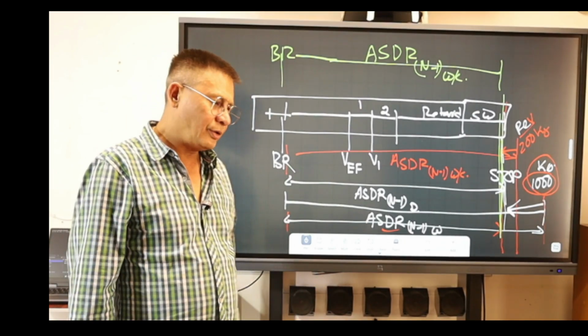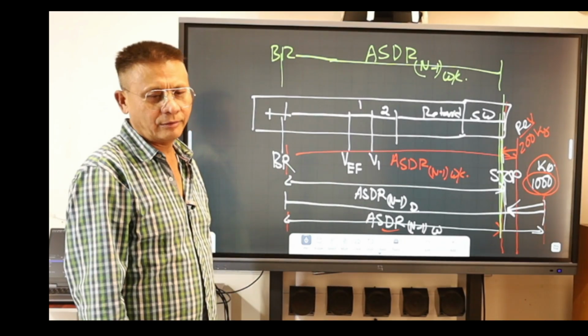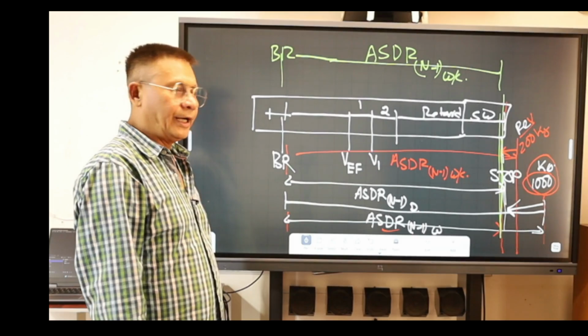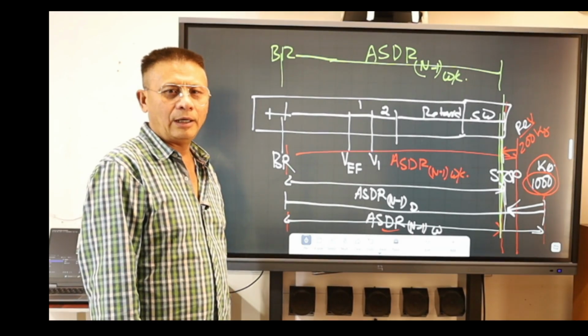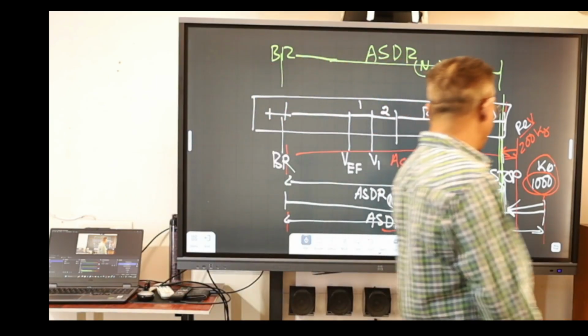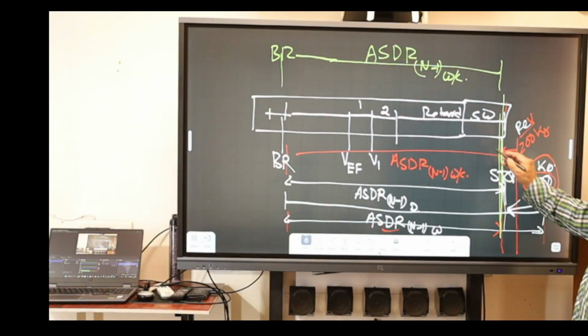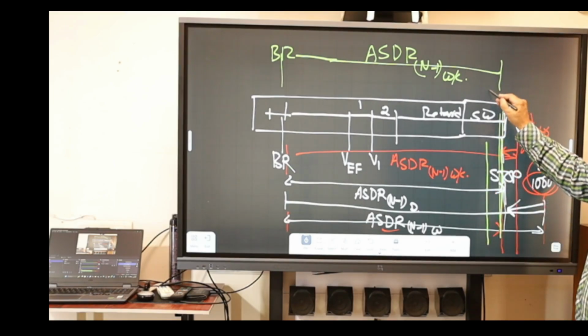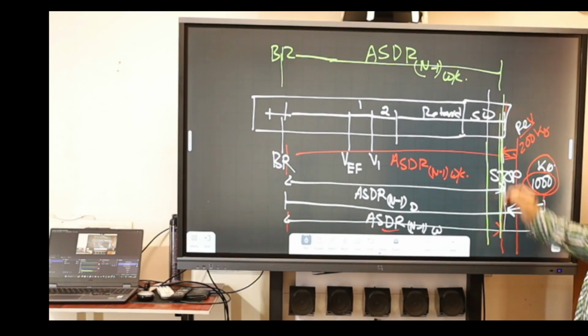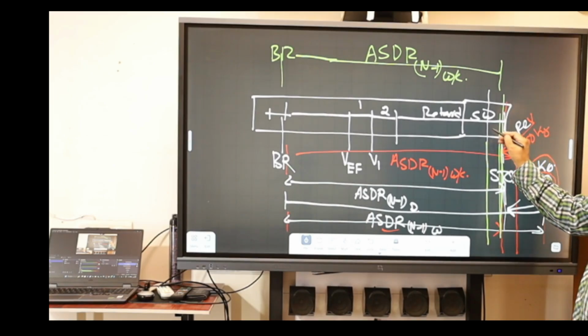Now let us assume the second condition, that is the aircraft rejected at V1 and, because of the use of the reversers, the aircraft is able to stop here. In this case, I still have some distance left.